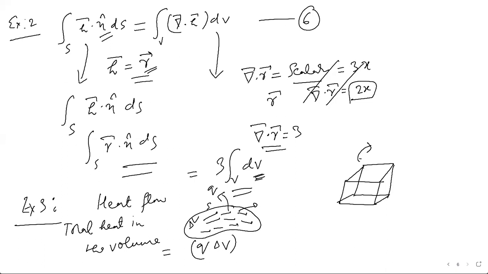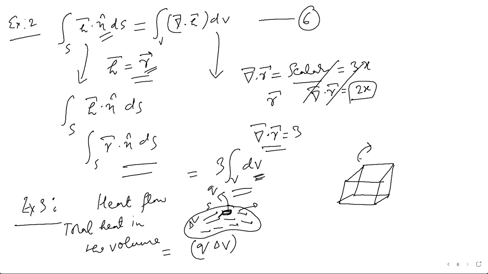Sir, can you please repeat the question? I said inside this surface, let's say I have put a heat per unit volume Q, and the volume of the surface is, let's say here I define a unit volume and I put a heat Q inside it, right?